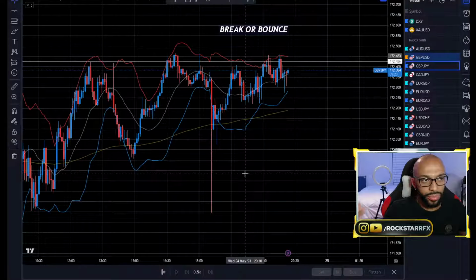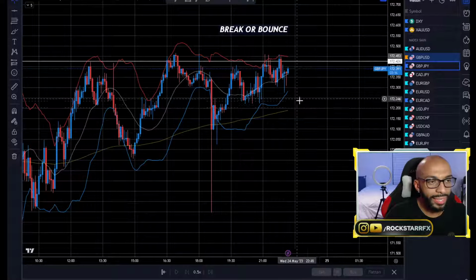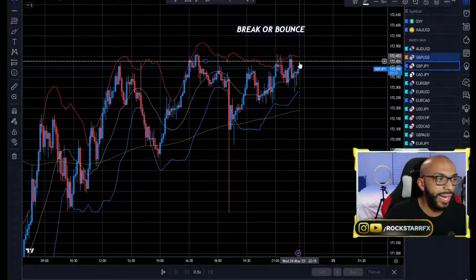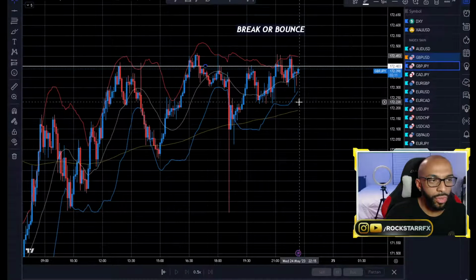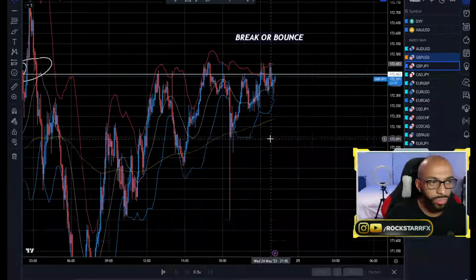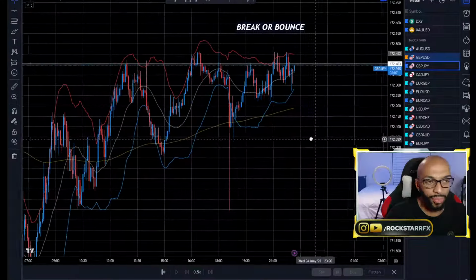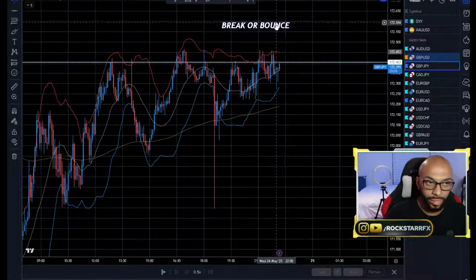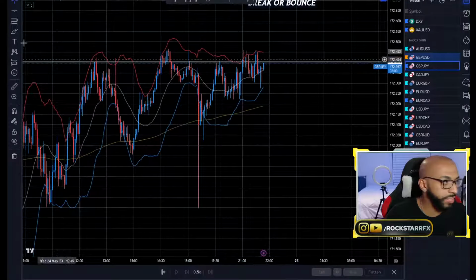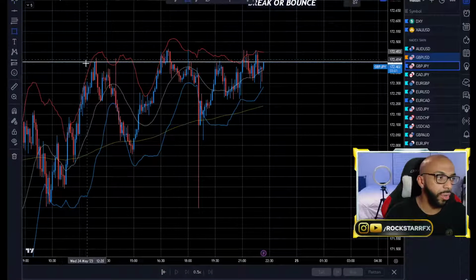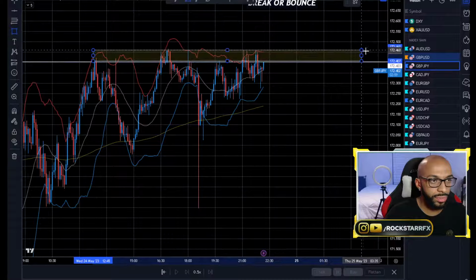Now, here's another thing to understand and remember, because I know as a new trader, a lot of people beat themselves up with not getting the exact price right. What you have to understand is that support and resistance is not a price. It's an area. Okay, it's an area of support. It's an area of resistance, or known as zones.